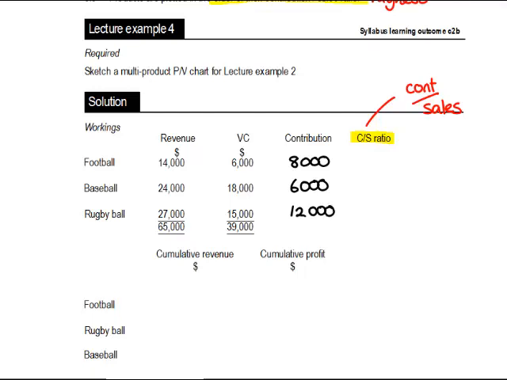So to work out contribution as a percentage of revenue, 8 over 14 is 57.1%. If we do baseballs, that's 25%. And 12 over 27 is 44.4%.